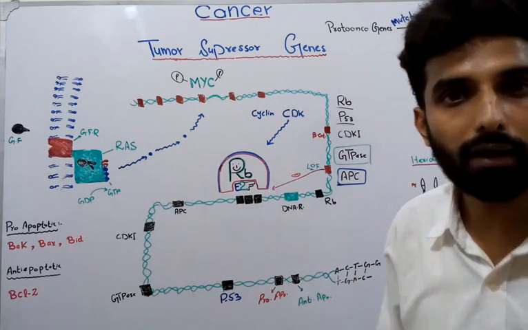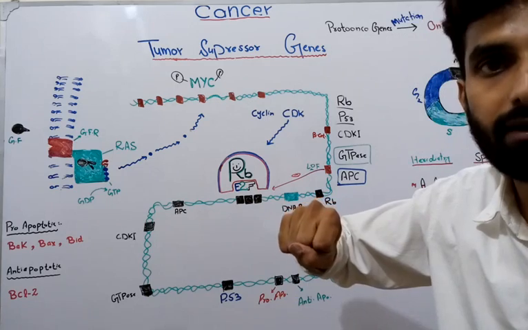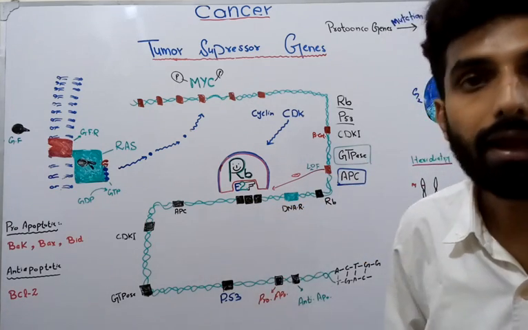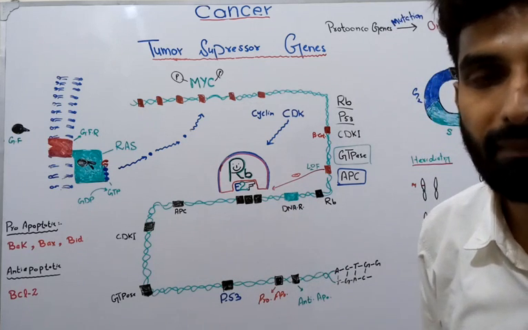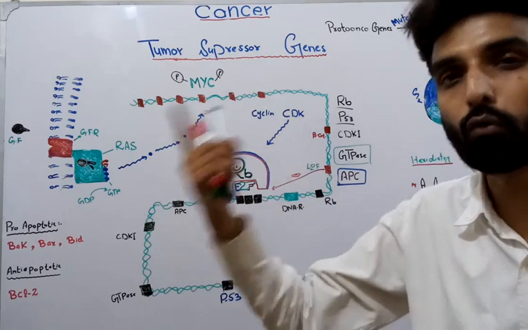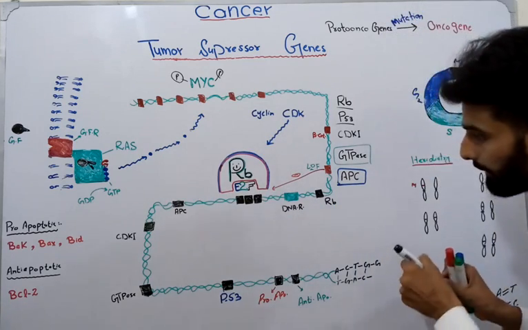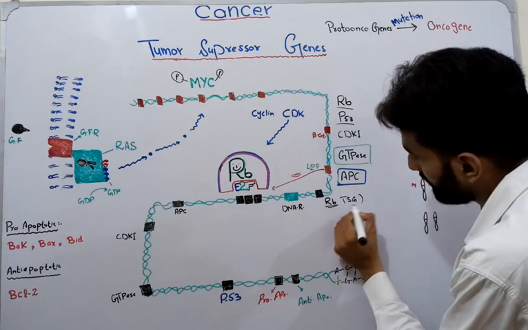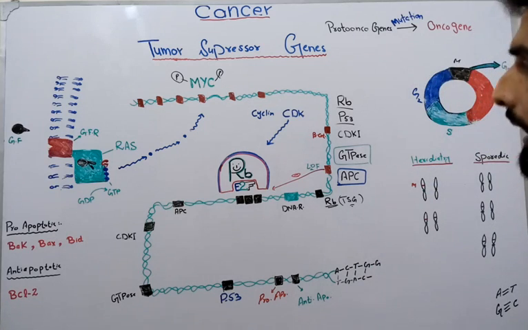Obviously, by binding the transcription factor and not allowing it to transcribe these genes, it is inhibiting the proliferation. The genes that inhibit proliferation are called tumor suppressor genes. So this RB gene is basically a tumor suppressor gene. Clear?